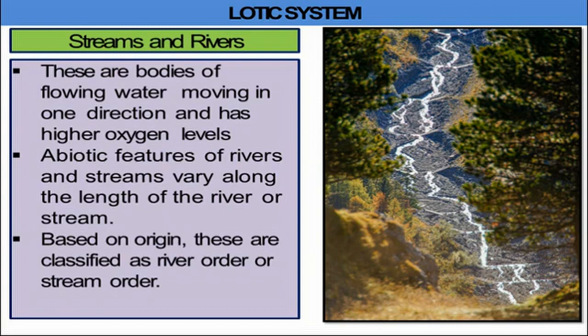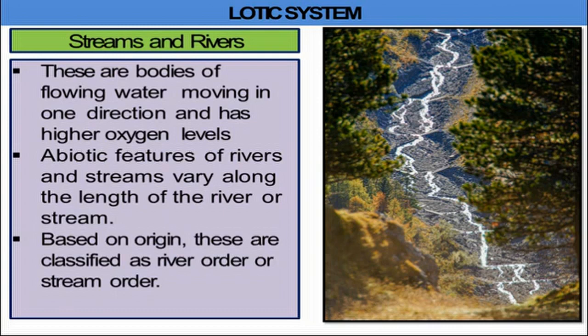The abiotic features of rivers and streams vary along the length of the river or stream, because every stretch of flowing water comes across different soil types and different vegetation types, and this is added to the load they carry.